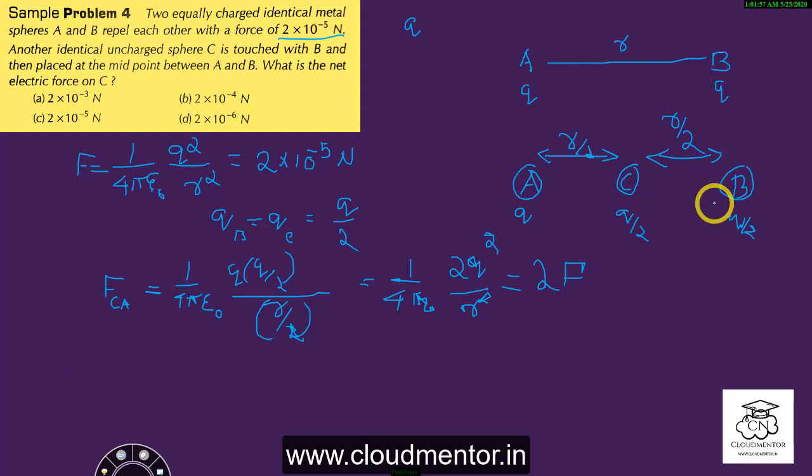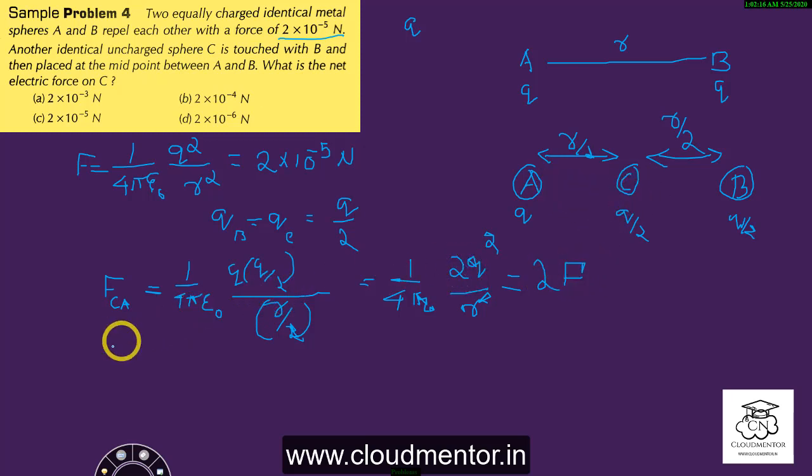And FCB is the force on C due to the metal sphere B. We have to know that the direction of this force will be along AB, towards A, because it is a repulsive force since they have the same charge.